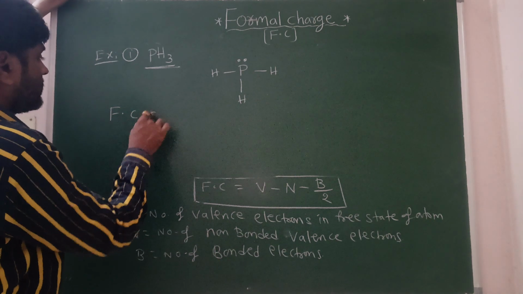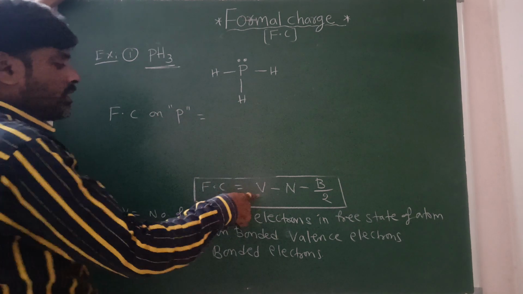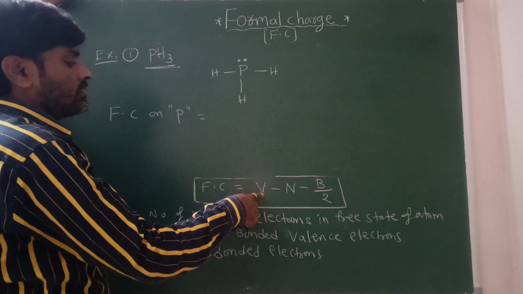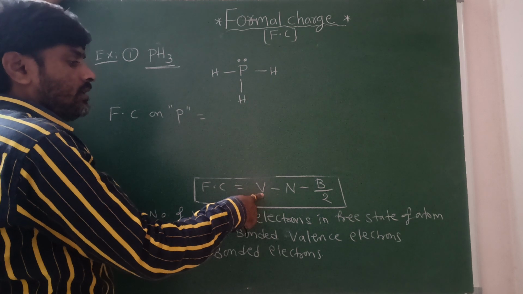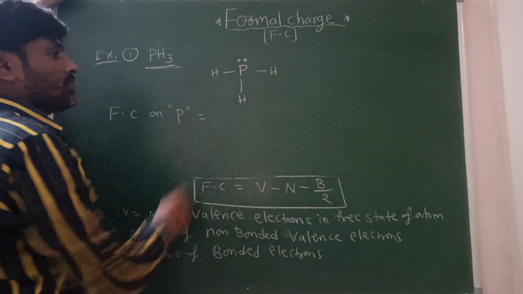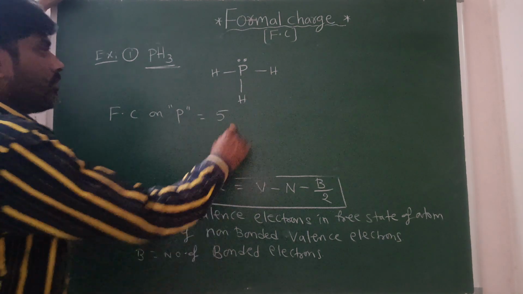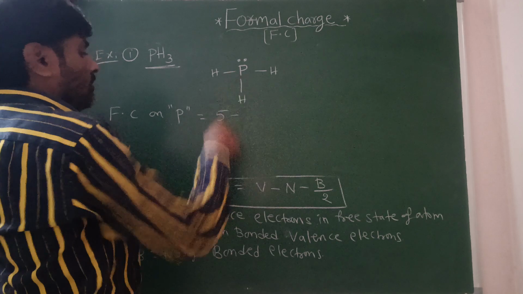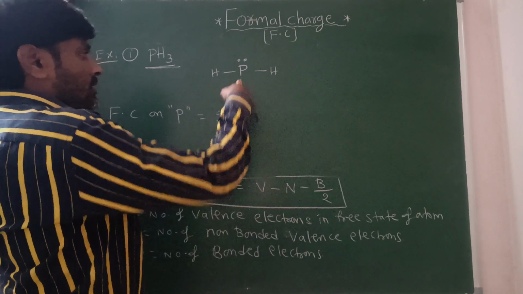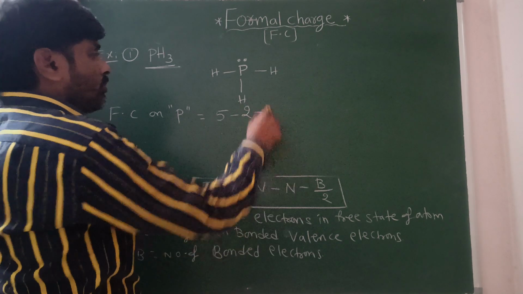Now we are going to calculate the formal charge on phosphorus. Formal charge is equal to valence electrons in the free state of the atom. In phosphorus, in the free state, how many valence electrons? 5, because it belongs to the 5A group. 5 minus non-bonded valence electrons, which are 2, minus bonded electrons.